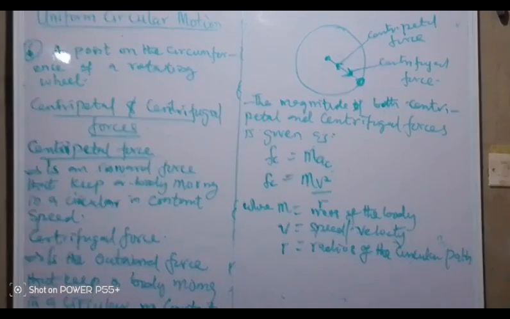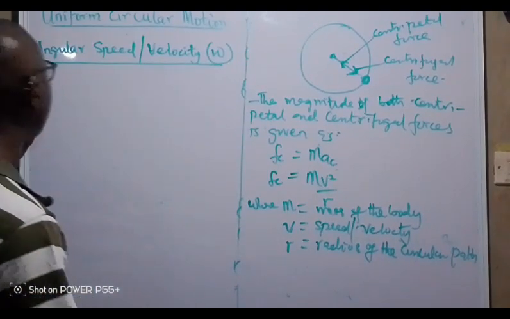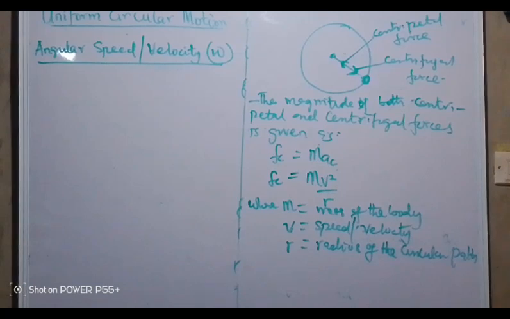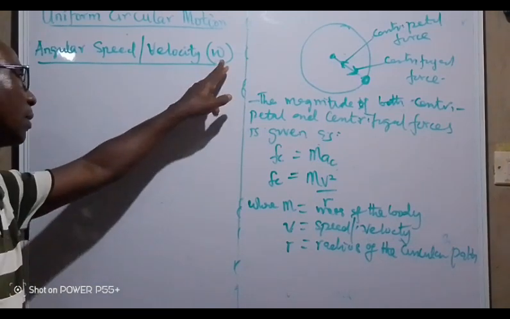The next thing we are going to look at is angular speed or angular velocity. The symbol is called omega.